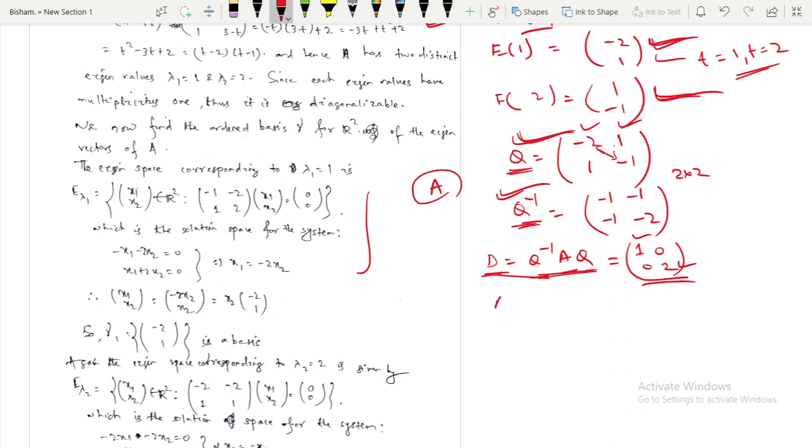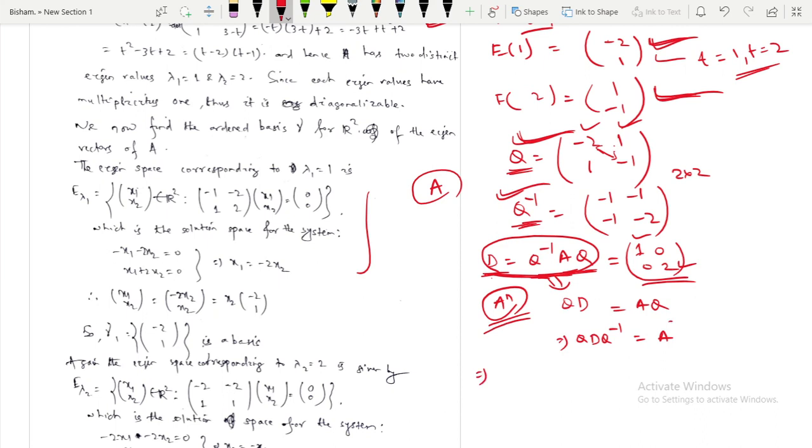Then if somebody asks you to find A to the n, there is an easy way. If you know that D equals Q inverse AQ, then if on the left side of both sides I multiply by Q, then QD will be AQ. Then if you multiply Q inverse on the right side, then QDQ inverse equals A. So here A is this one. Then suppose I need A square.